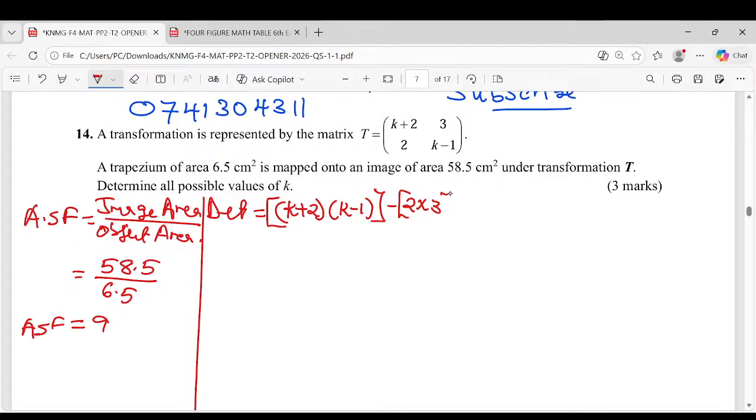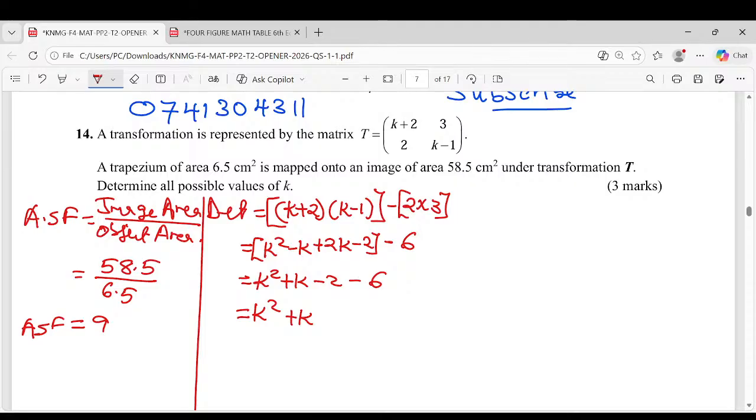This will be k squared minus k plus 2k minus 2, then you minus 6. So this evaluates to k squared plus k minus 2, then minus 6. This can be simplified to k squared plus k minus 8. That is our determinant of the matrix of transformation.